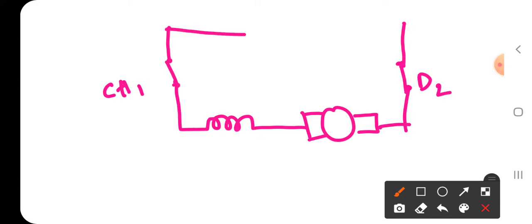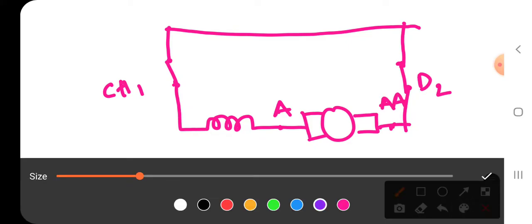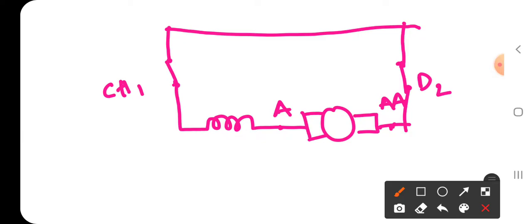This is A. As I told you, in this mode the current flows from A to AA only, like this.